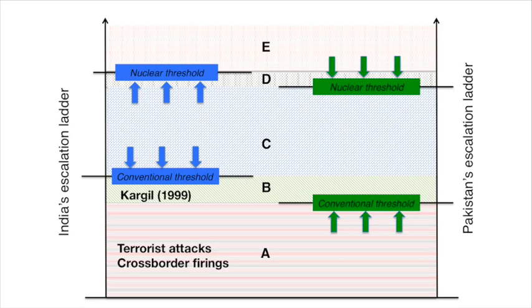Above that, there is the Kargil war level, where Pakistan uses its army and terrorist groups against India, and India responds in a limited manner, mainly on defense grounds, and it doesn't escalate the levels on multiple fronts.